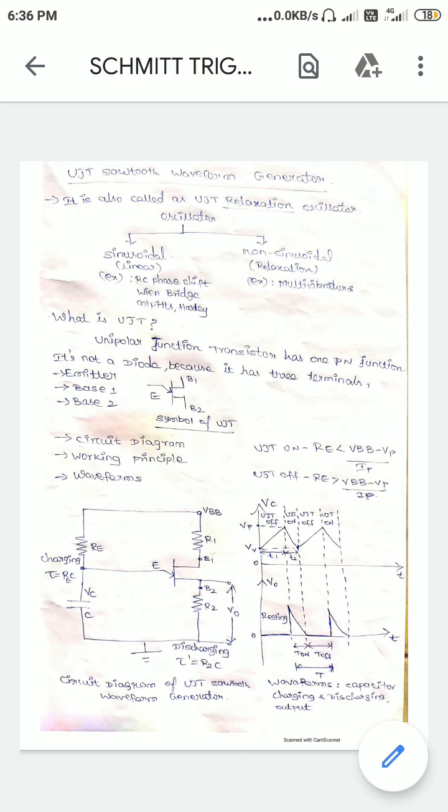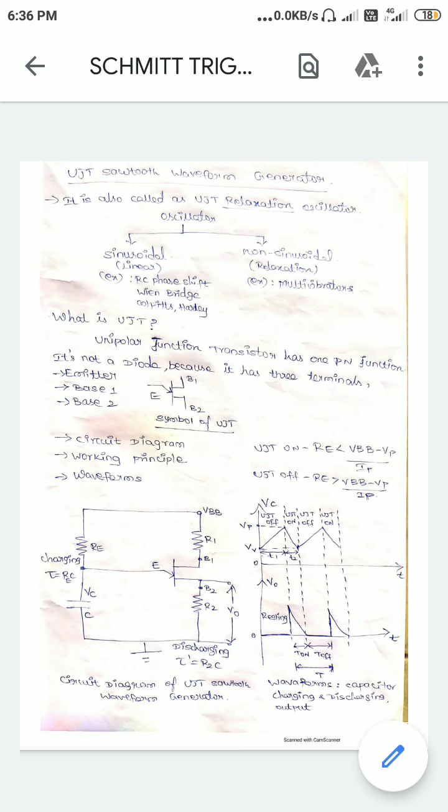When the capacitor is discharging, across the R2 resistor we have the output voltage V0. During the discharging cycle, the time constant tau dash is equal to R2 into C. So note that discharging takes place through the resistor R2, and charging of the capacitor takes place through the resistor RE.